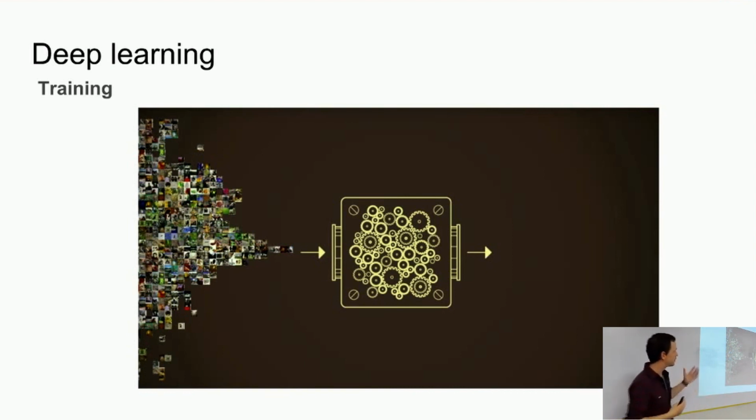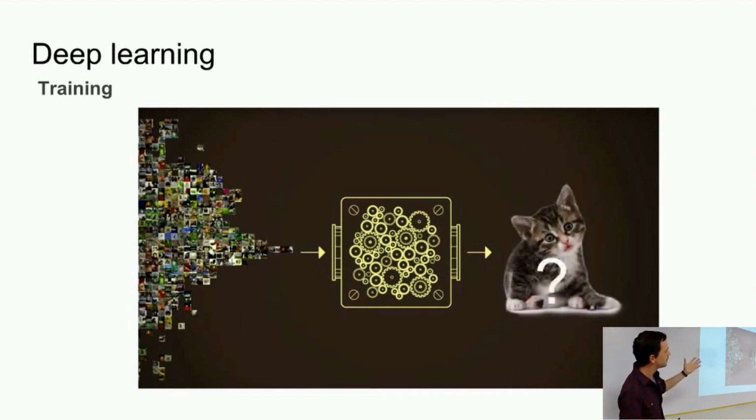If we're talking about cats again, we give it 1,000 pictures of cats, and the computer, by training, will try to understand what common features we find in these cats. These features will be very tiny, so it might be just a color, just an edge, just a texture. It might not make much sense for us, but for the computer, these features are very valuable. This is what makes a cat in this case. So the computer will understand which features are common for the cat, to make a detection of whether there is a cat in this picture or not.